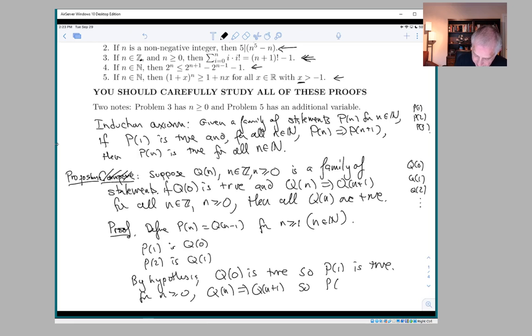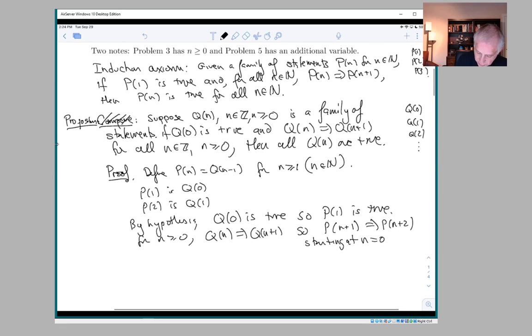So we have P of n plus 1 implies P of n plus 2, starting at n equals 0. So P of 1 implies P of 2, and so on.